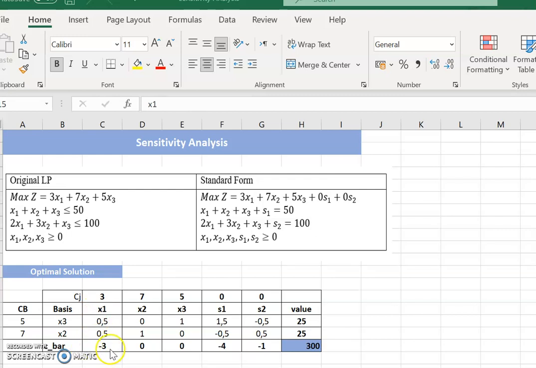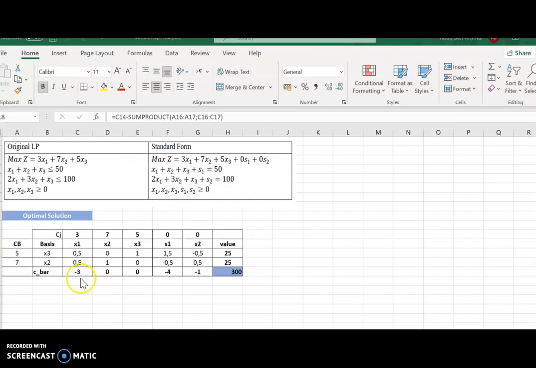Well, when we have a non-basic variable, only the c-bar value of x1 will change. And to make sure that this basis remains optimal, we need to make sure that with the given change, this c-bar value will remain negative. Otherwise, it would have to enter the basis, and we would have to continue to the following simplex tableau.